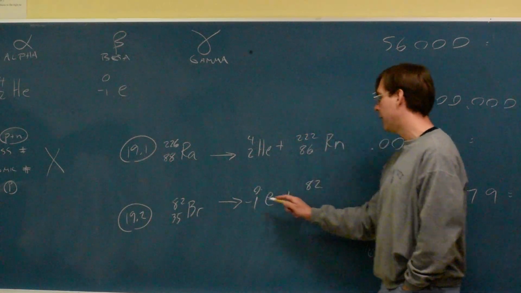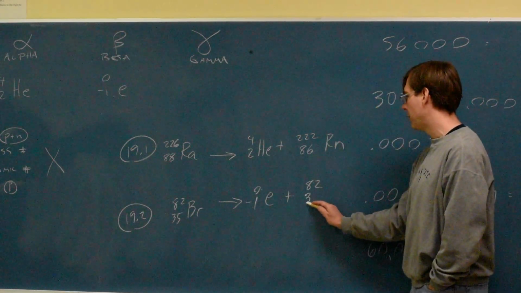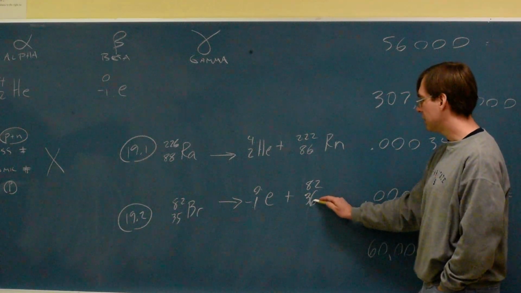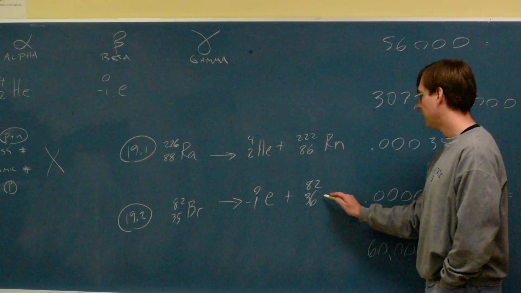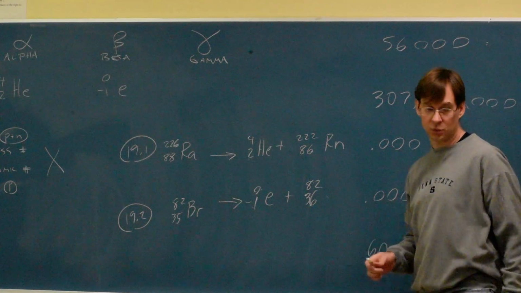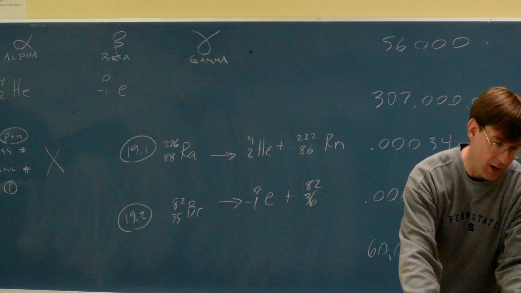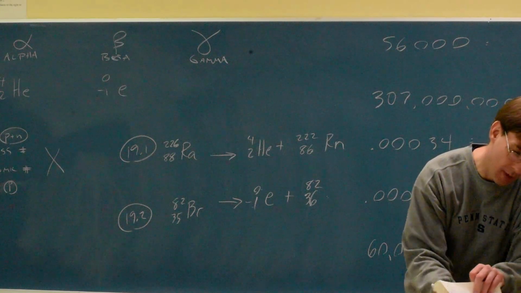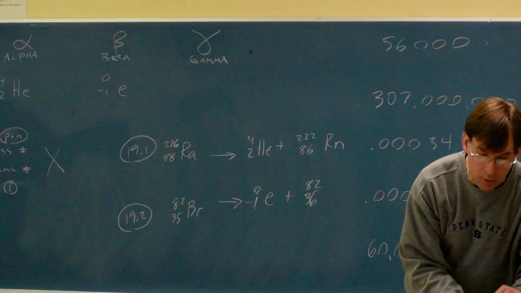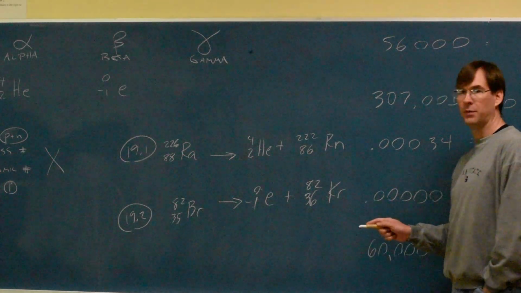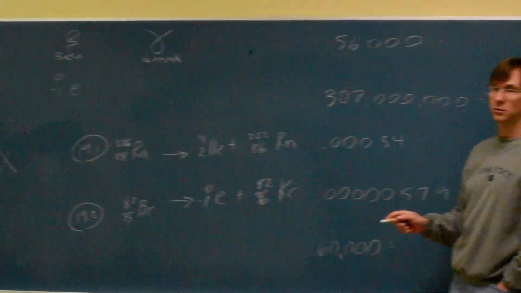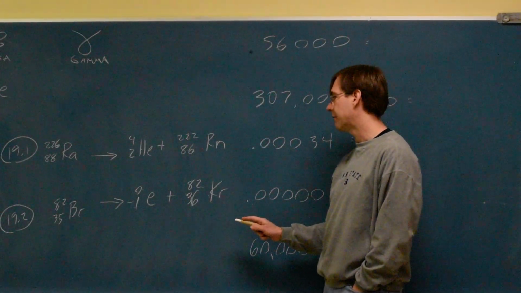So the -1 is going to take 1 away from 36. 36 adding -1 is the only way to get 35. And to figure out what element this is, we need to look to our periodic table for number 36. The bottom number is the key to the periodic table. 36 is Kr, which is not kryptonite, but it is krypton. Kryptonite is only in science fiction, Superman kind of stuff.